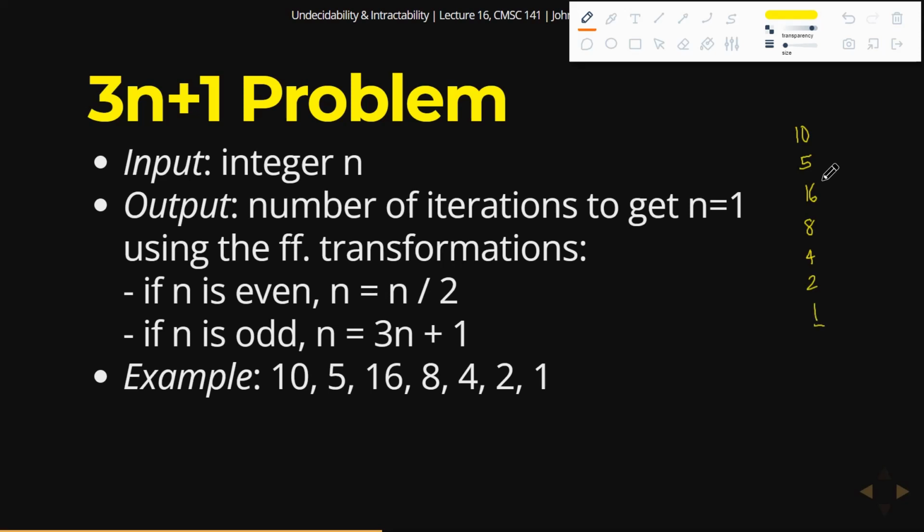So we have now reached our goal. How many iterations did we have? 1, 2, 3, 4, 5, 6. So we had a total of 6 iterations for n equal to 10.